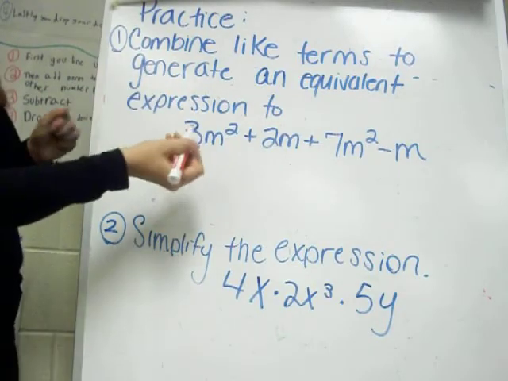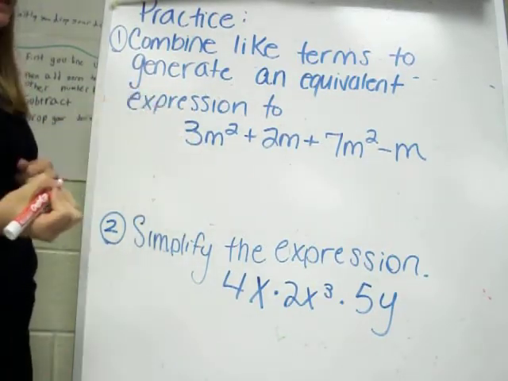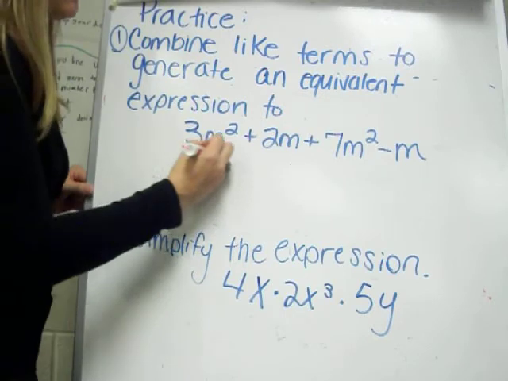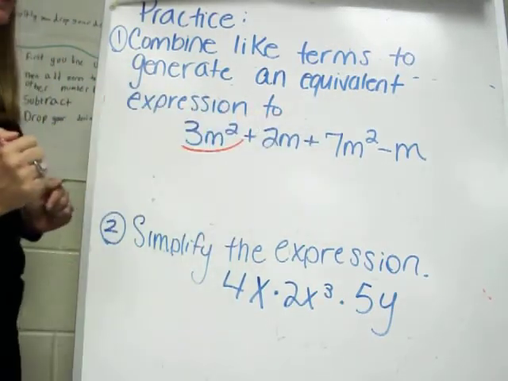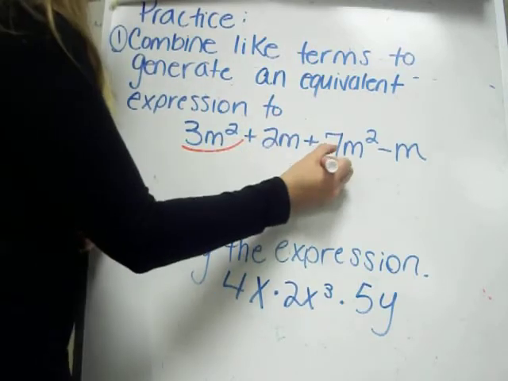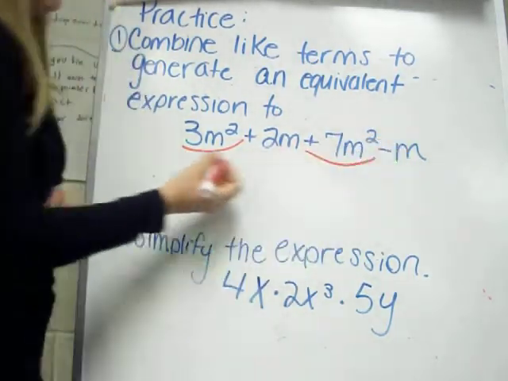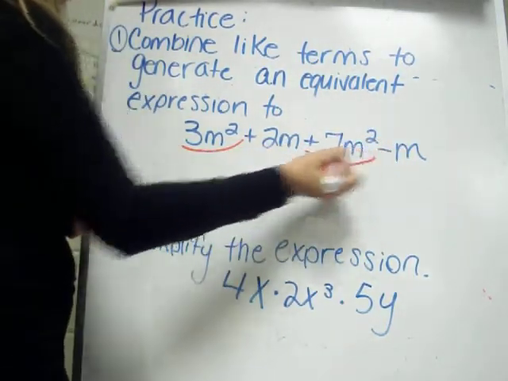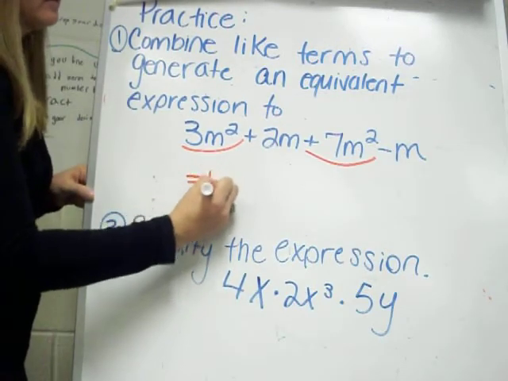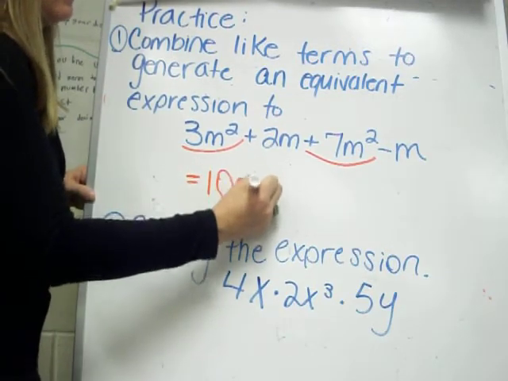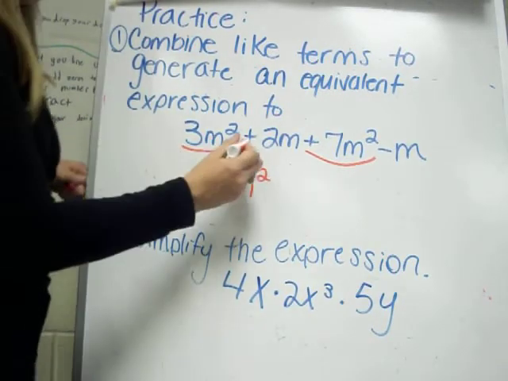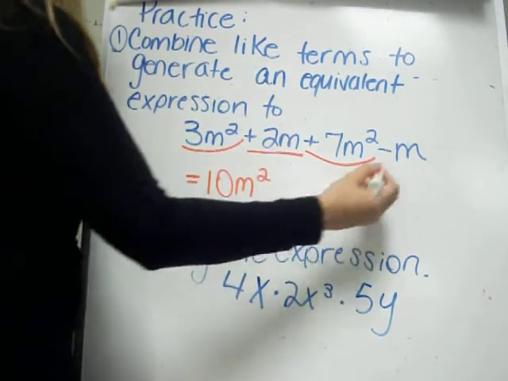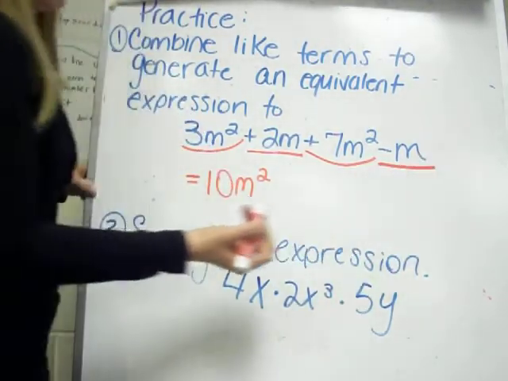Alright, so in the first one, we can combine the terms that are like. So we have 3m squared. Can't put this with it because it doesn't have an exponent of 2. Plus 7m squared. So 3m squared plus 7m squared gives me 10m squared. And then I have plus 2m and minus m.